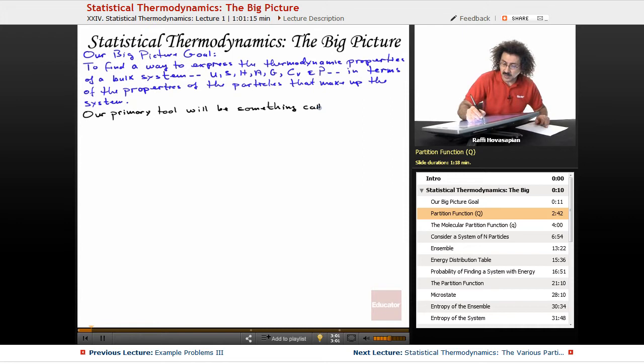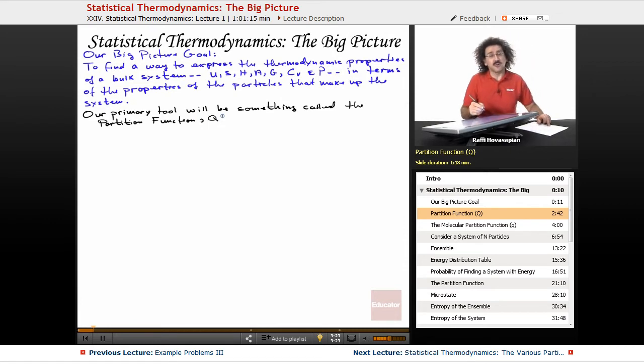The symbol for the partition function is going to be a capital Q. It's going to be the partition function of the system.